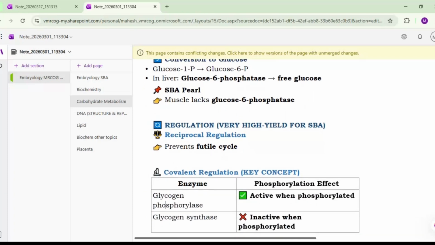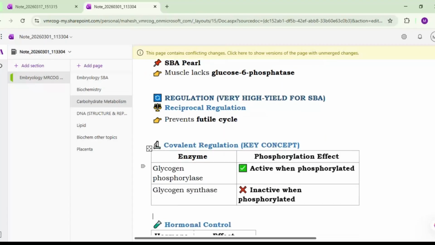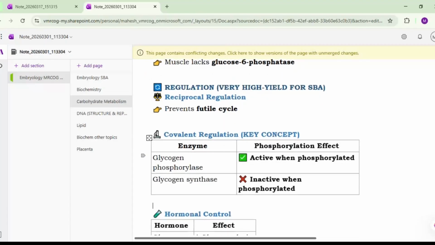Now, how is this regulated? There is a reciprocal, or covalent, regulation. Glycogen phosphorylase is active when phosphorylated.